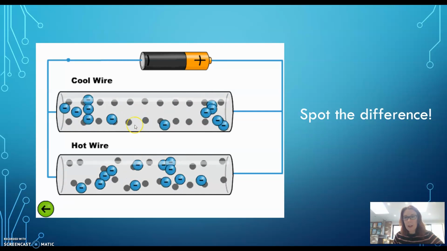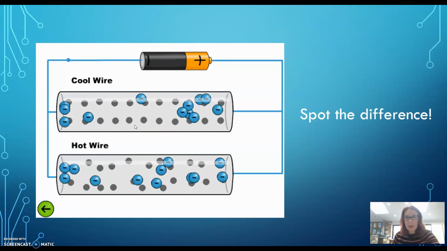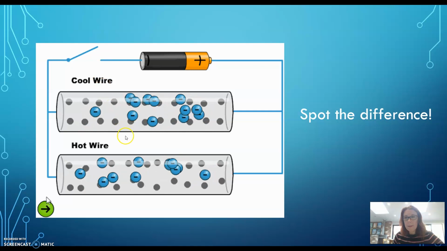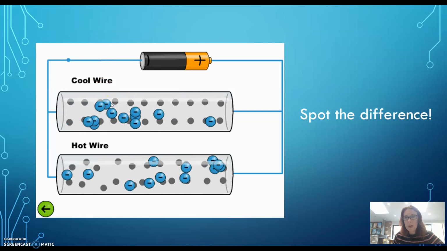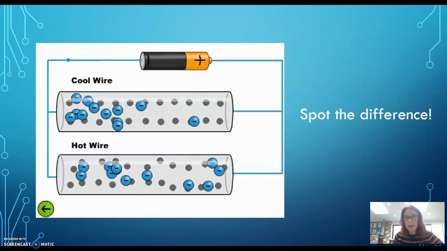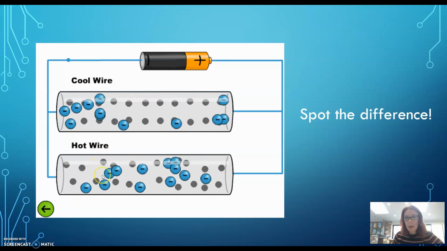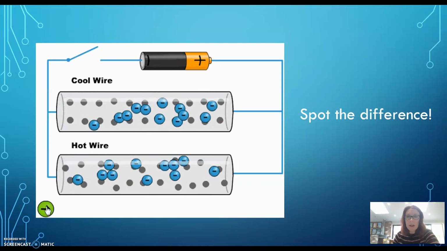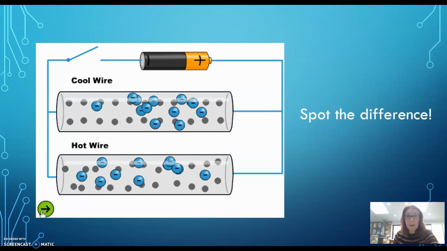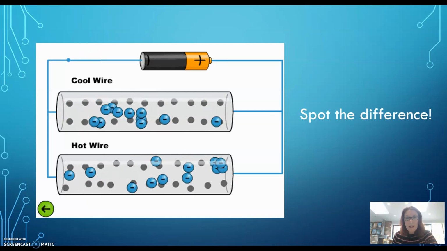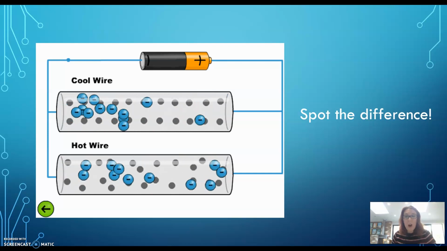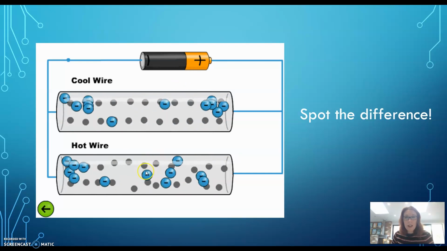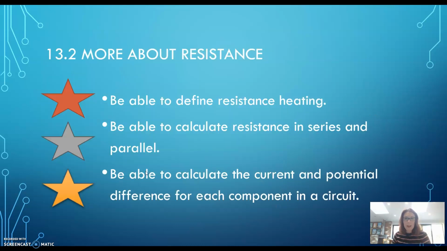Hopefully you can see the difference between the two: in the cool wire, when the switch is closed, the fixed ions only vibrate a small amount. But when you have the hot wire, the fixed ions vibrate with a greater amplitude, which means that the rate of current flow, so the rate of flow of the charge here, is slower in the hot wire.